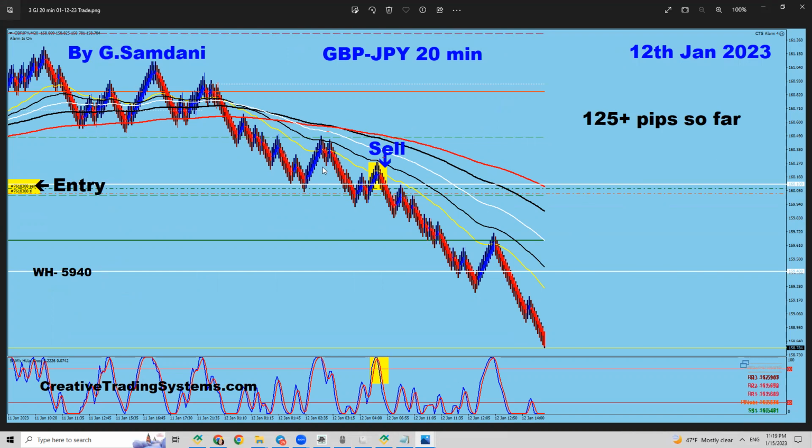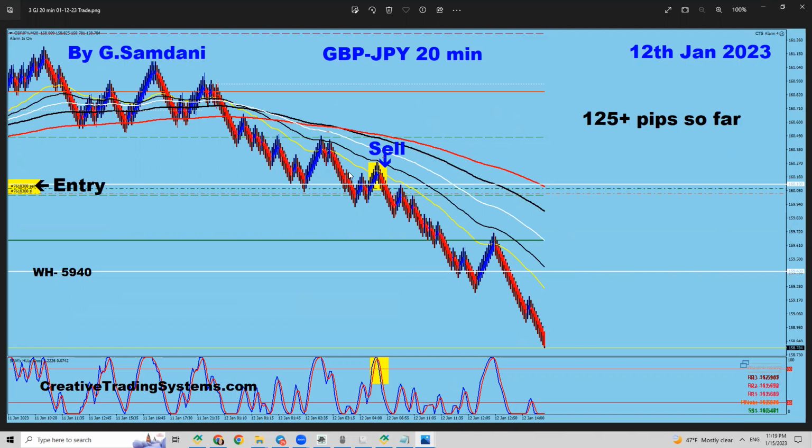You've got to play by the rule. I took this one and it went down 25, 30 pip, so I moved my SL to break even, and my SL hit at break even, no gain, no loss.